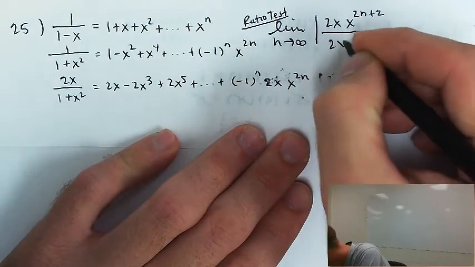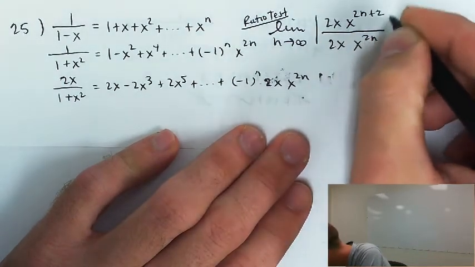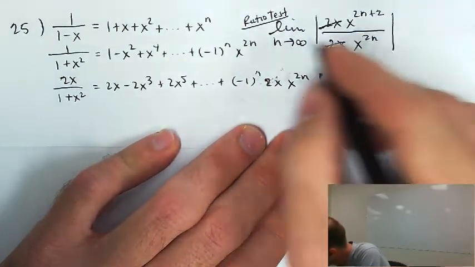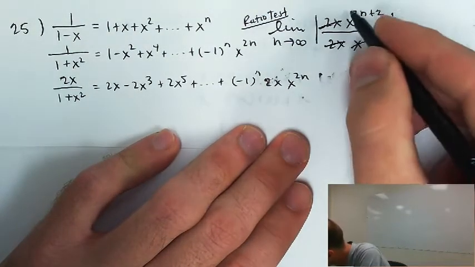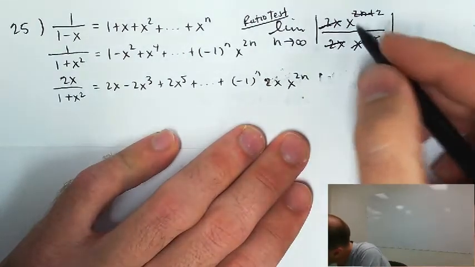And then divided by the original, which is 2x and x to the 2n. All right, in this limit, all but 2 of these cancel. So I'll have an x squared.